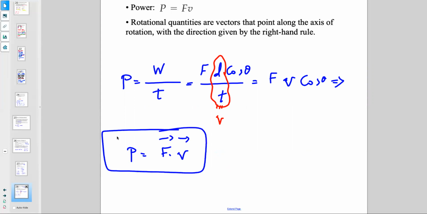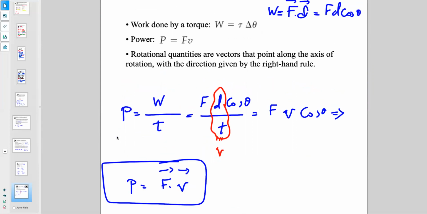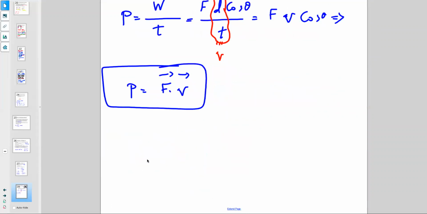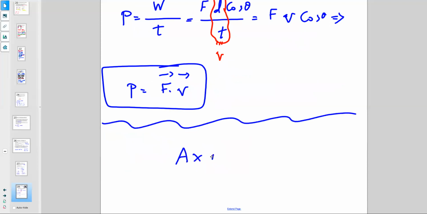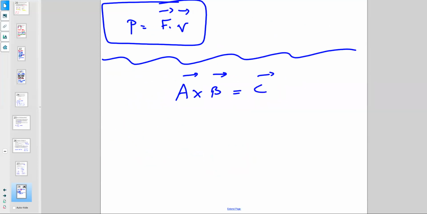Okay, that's also true. Rotational quantities are vectors that point along the axis of rotation with the direction given by the right-hand rule. So if you have two vectors, for example, vector A being multiplied by vector B in a cross product, A cross B, and let's say they are equal to C, which is another vector, they have this type of relation to one another. That's A, then that's B, and then this is your vector C. This is a 90-degree angle.